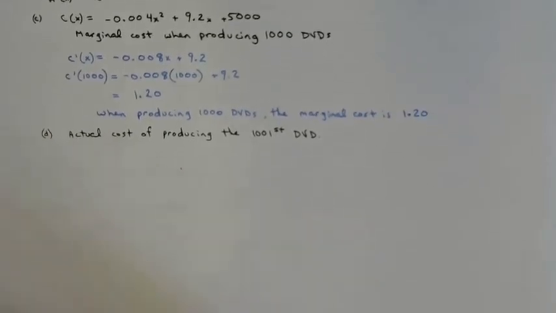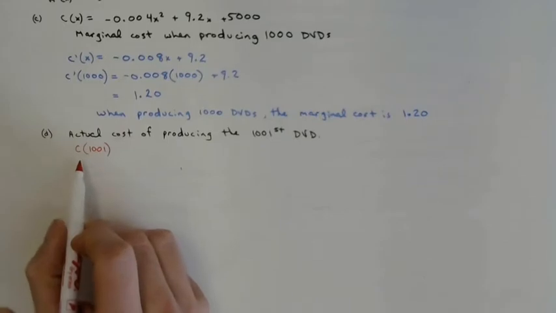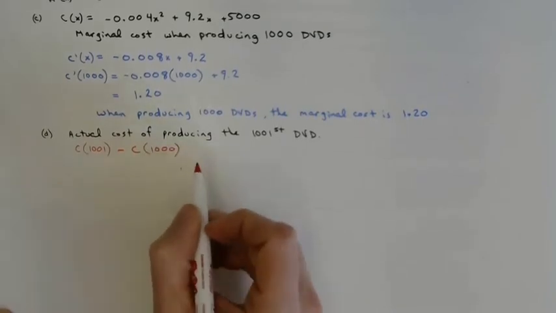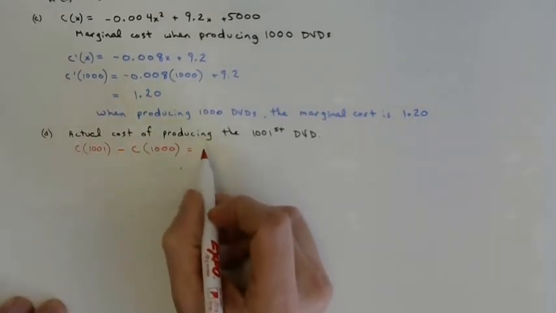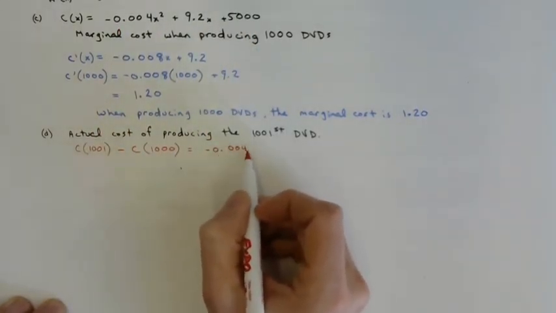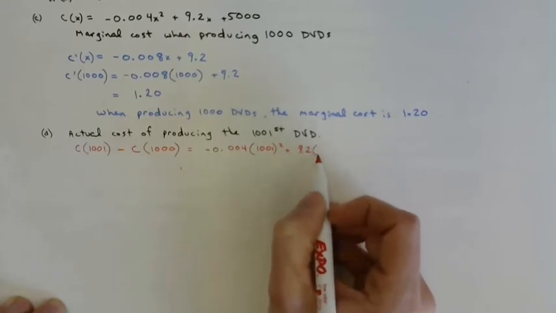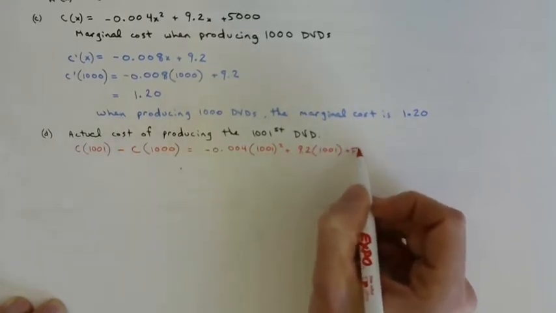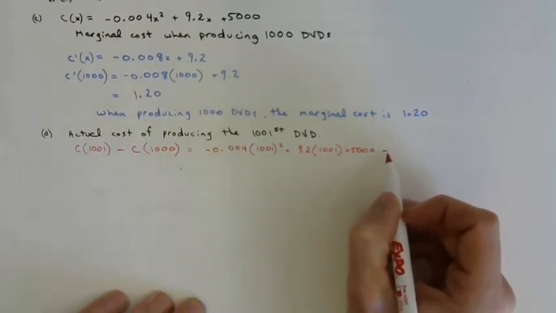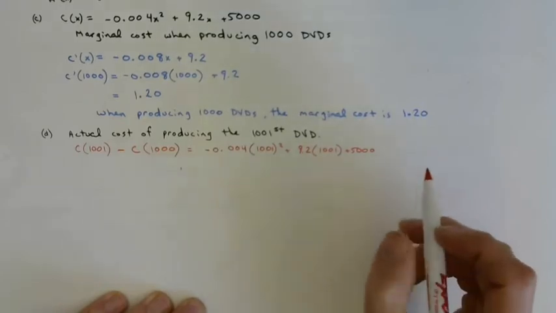So there's our cost function. We're essentially going to be doing this. The cost of producing 1001 DVDs minus the cost of producing 1000 DVDs, which is just copying down this formula twice and subbing in 1001 the first time, and subbing in, and I'm going to jump to a new line because we're going to run out of space.